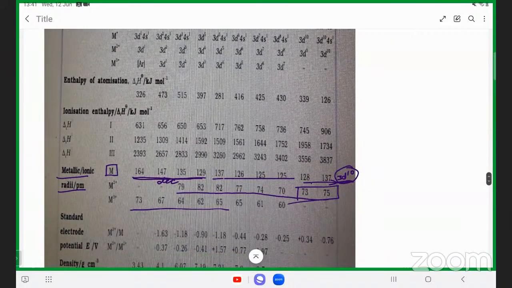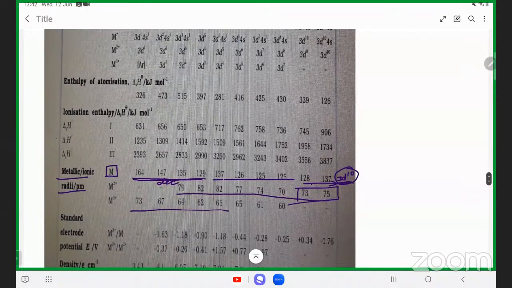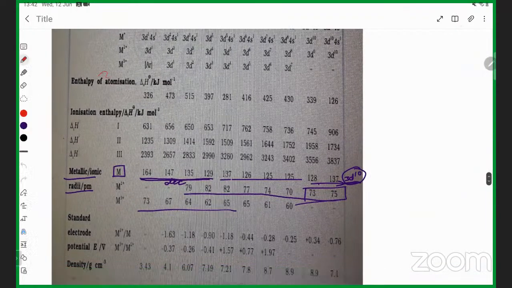Now see the other thing, enthalpy of atomization. We have already done this. Left to right, what is happening? It is increasing, because size decreases, and a decrease in size means a strong bond. Otherwise, you can say the number of unpaired electrons increases, so a stronger metallic bond, so enthalpy of atomization increases.